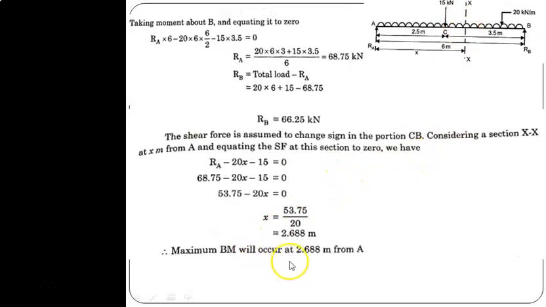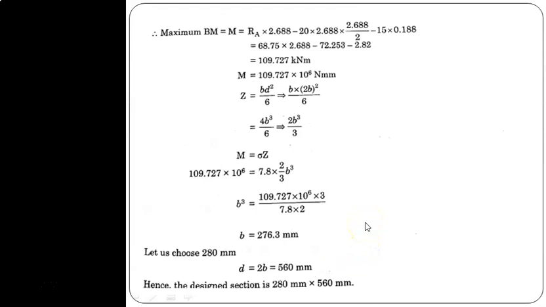Now the maximum bending moment will occur at 2.688 meter from A. So maximum bending moment M is equal to, at that section, 2.688 from support A, Ra into 2.688, this is sagging moment, therefore we put sign positive, that is moment due to reactive force, minus 20 into 2.688 into 2.688 by 2, this bending moment is hogging, therefore it is put minus sign, because of the external UDL load.